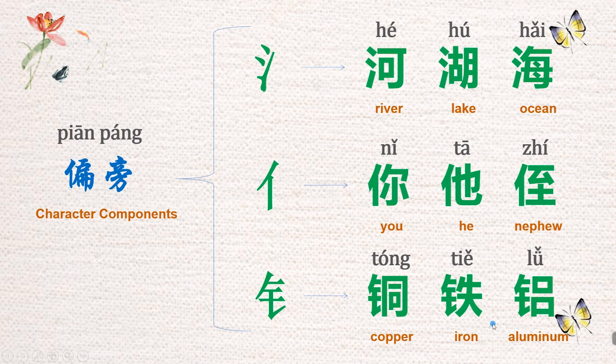And this character here, it's pronounced as 铁, and it means iron. And this character here, it is pronounced as 铝, and it means aluminum. See, they are all related to metal.